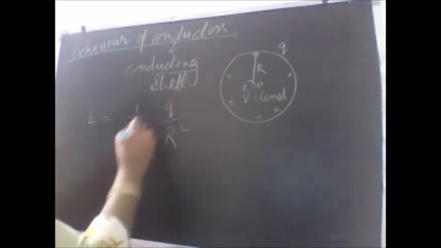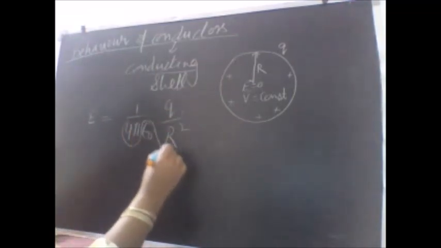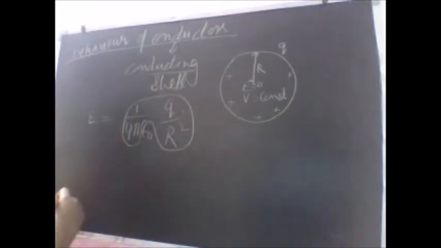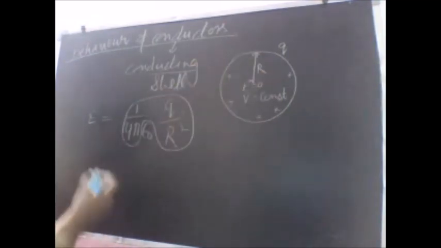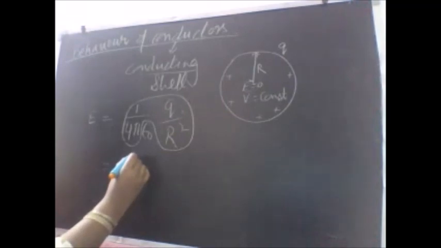If I take 4 pi r square and q together, what is this? It is q divided by 4 pi r square, and what is 4 pi r square? Isn't it the surface area? So the expression comes out to be q divided by A.